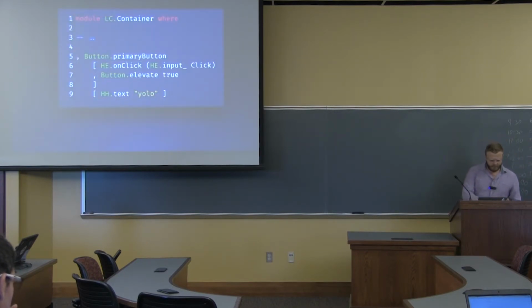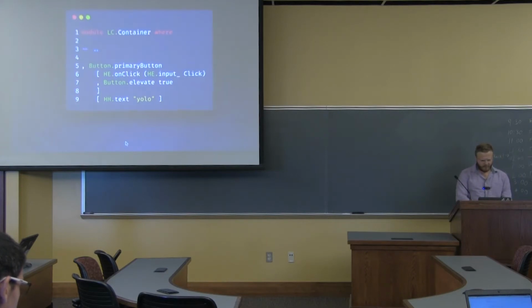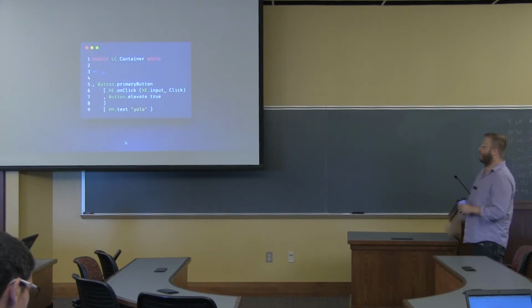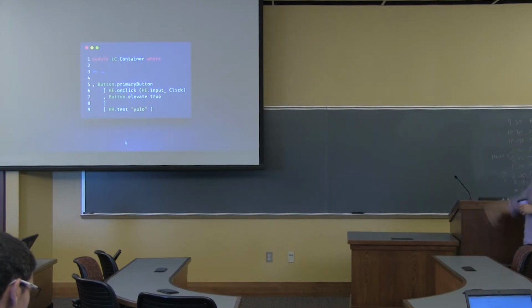But this is awesome because now this is how I could do it. I could go back to the world of living exclusively in the Halogen DSL. I have pure functions. I can optionally pass this elevate prop or not. I don't have to have some config record hanging around with defaults. This is the world I wanted to live in when I started, but it took a long time to get there.